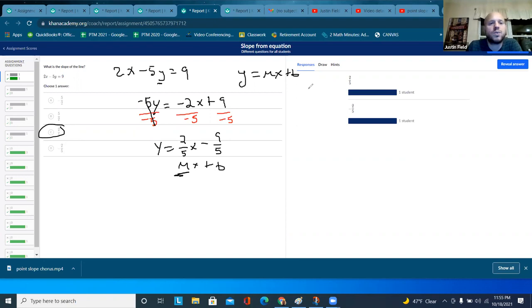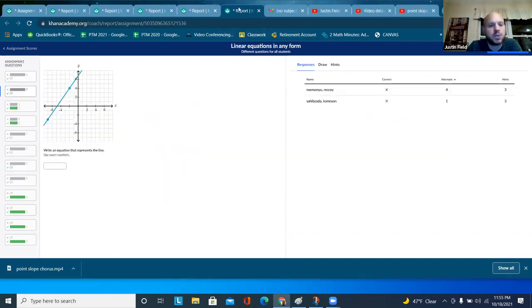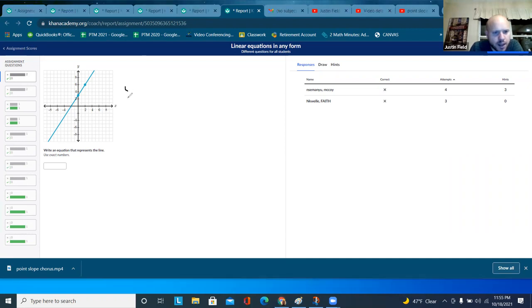All right, so this week should really just be some good practice. This one is about linear equations in any form. Technically you can use any form, but I would expect you to use slope-intercept form.